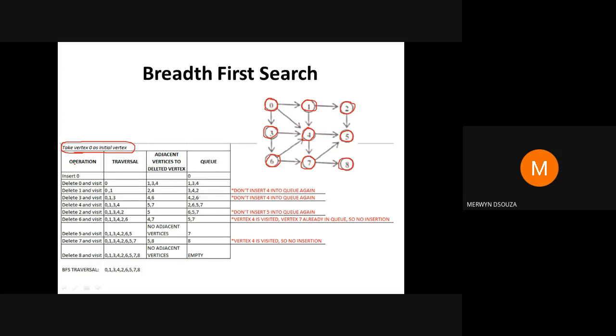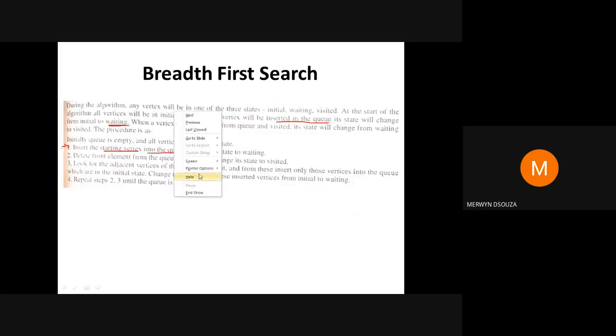Then while solving, you are going to have 4 columns. One column will tell what operation you are going to perform. The second column will keep track of your breadth first search traversal. The third column will keep track of the adjacent vertices. And the fourth will be your queue. When we had studied queues, we had shown it in the form of an array.